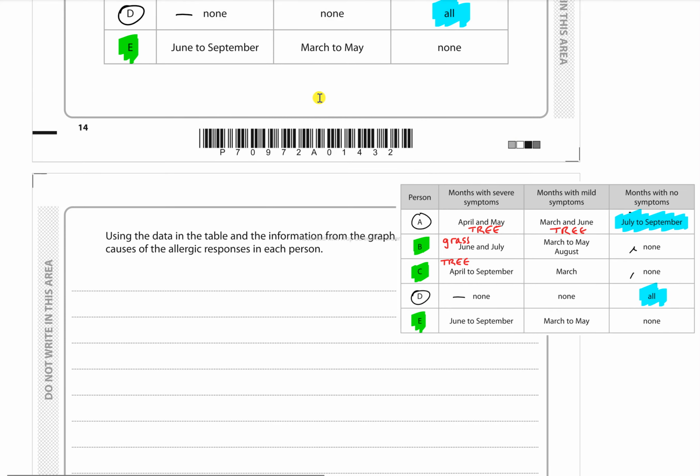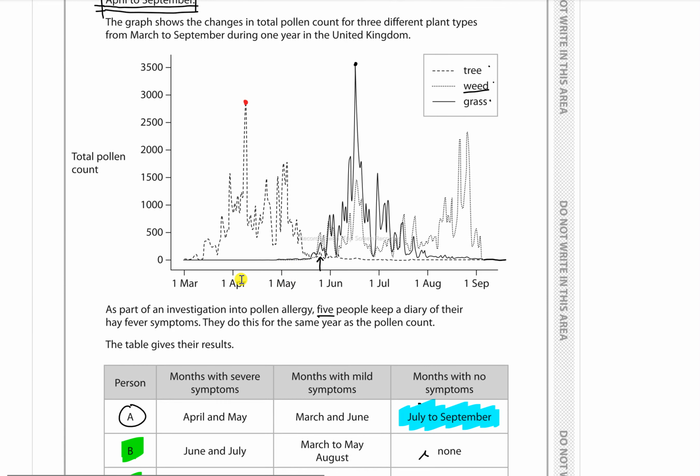March to May, August. Where's March? Oh my God. Weed. Weed goes up and down actually. Right, no, because it peaks here. The weed peaks here, so that's no good.